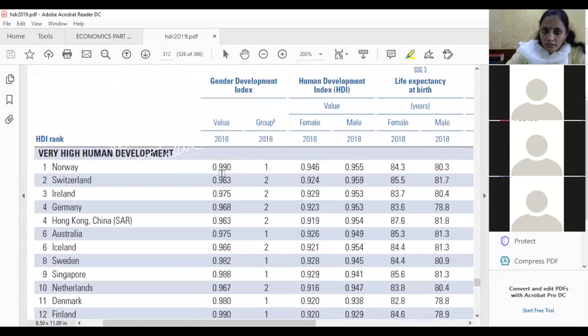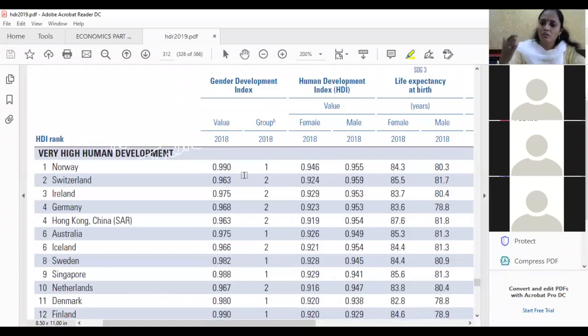So you can see here, oh, it has come, but it has come in white color, so I myself can't see it. So it is women by men. I told you countries having a value lesser than 1 will have men dominating women, whereas countries having a value more than 1 will have women dominating men.